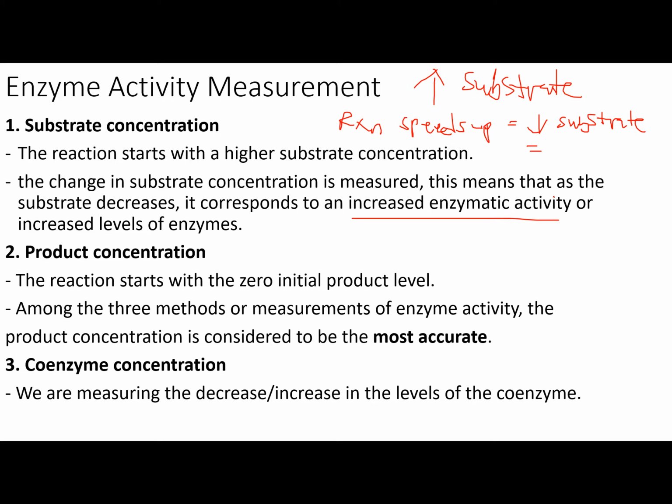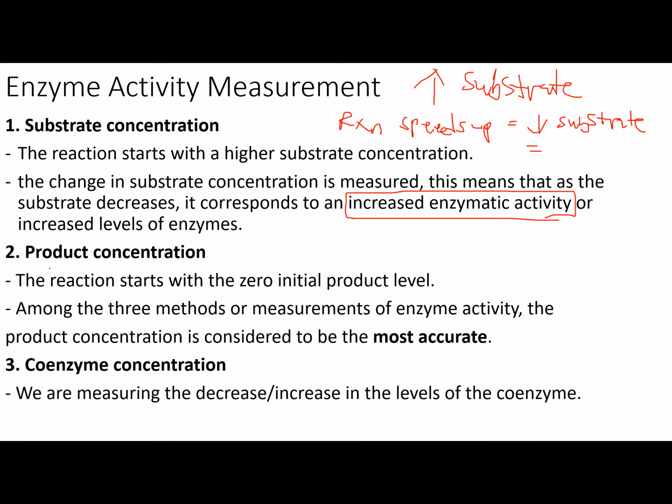So let me repeat, at the beginning, you have a high substrate concentration. But as the reaction progresses, it causes your substrate to decrease. And when you have a decreased substrate, it means that there is an increased enzymatic activity. So walang inhibition, hindi nag-stop yung reaction.